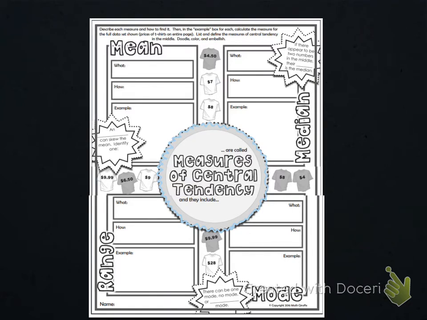Right here, we're going to say values, because we're talking about values, that represent the center are called measures of central tendency, and they include the mean, median, and mode.